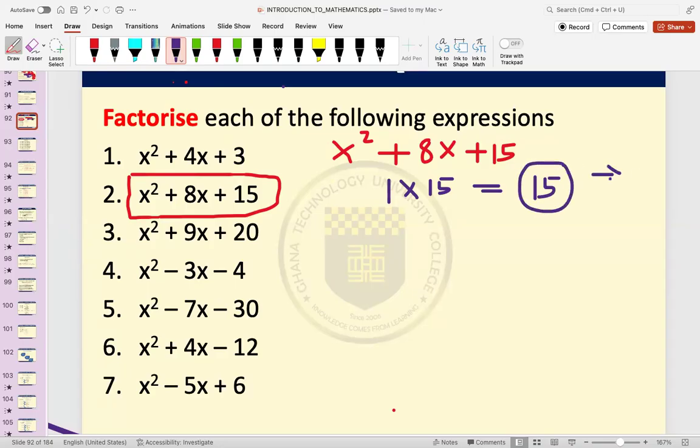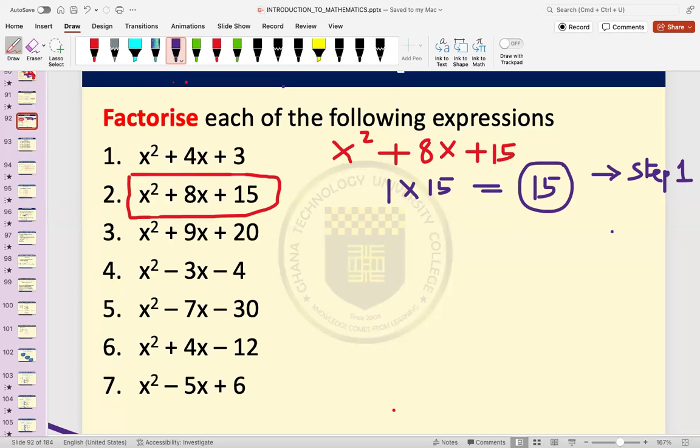And this is step 1. All that you do there is pick the number in front of x squared, which we call the coefficient of x squared, and then multiply it by the last number, the number without x.